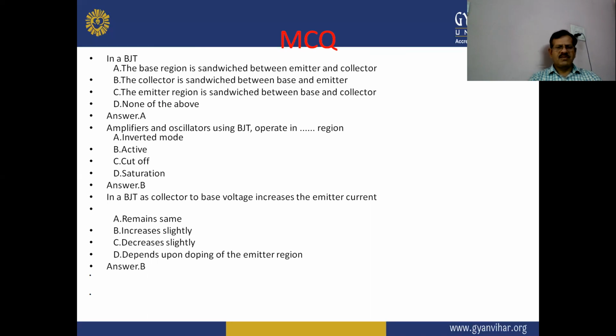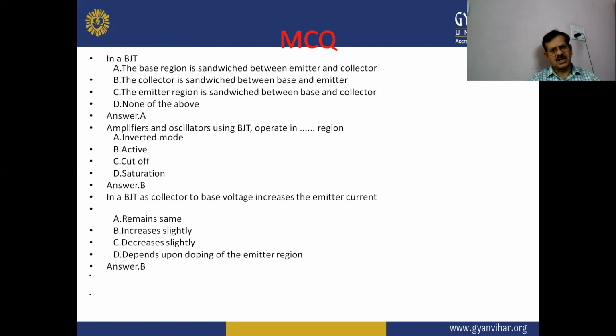Next, amplifiers and oscillators using BJT operate in which region? In this question, if we use a BJT as an amplifier or oscillator, in that case, the operation of BJT will be in option A inverted mode, option B active mode, option C cut off mode, and option D is the saturation mode.